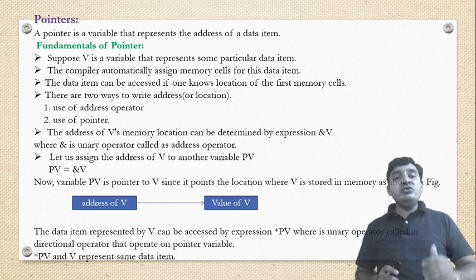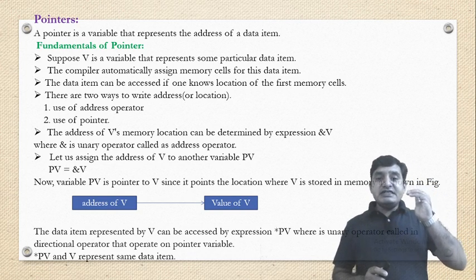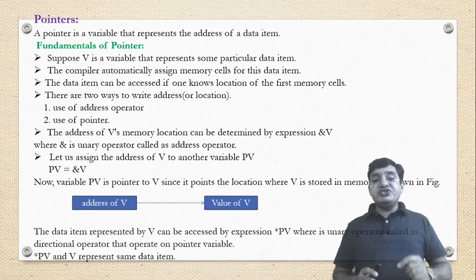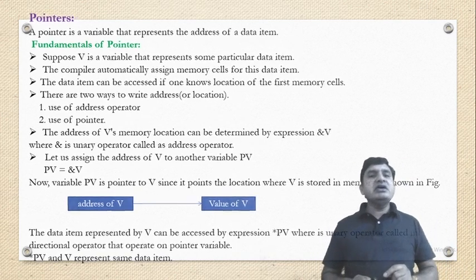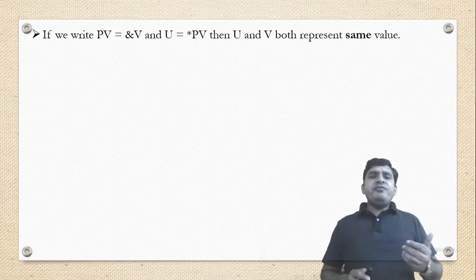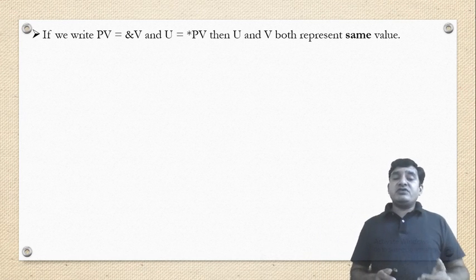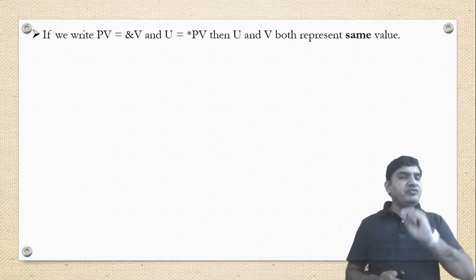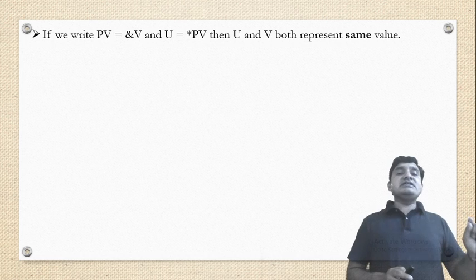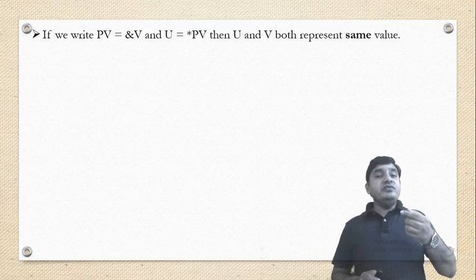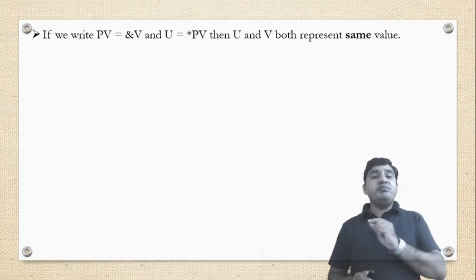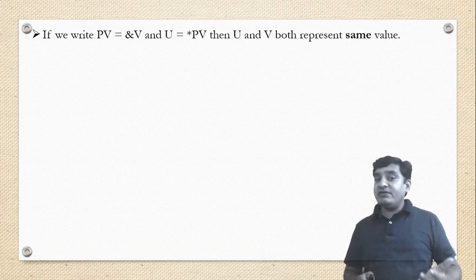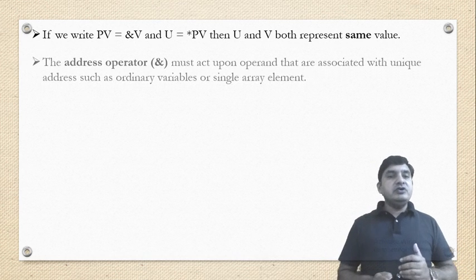When we have to assign a particular pointer, we use the asterisk. If we write PV = &V, that is the address of V is assigned to PV, and V = *PV, then PV and V both represent the same value.